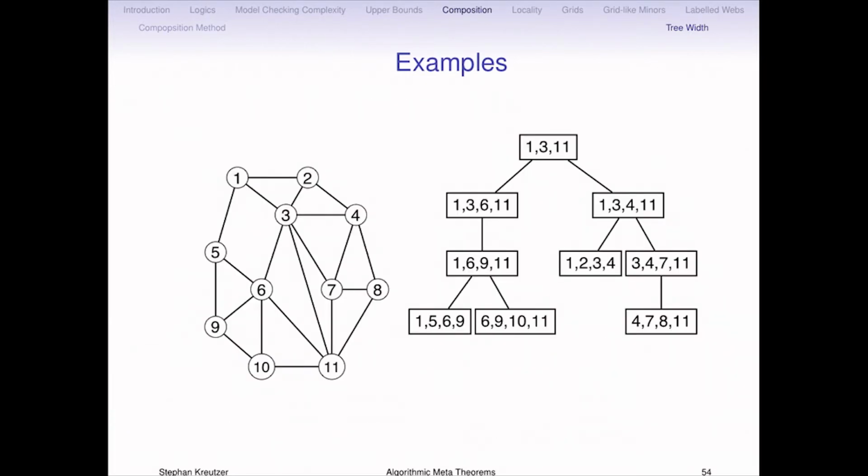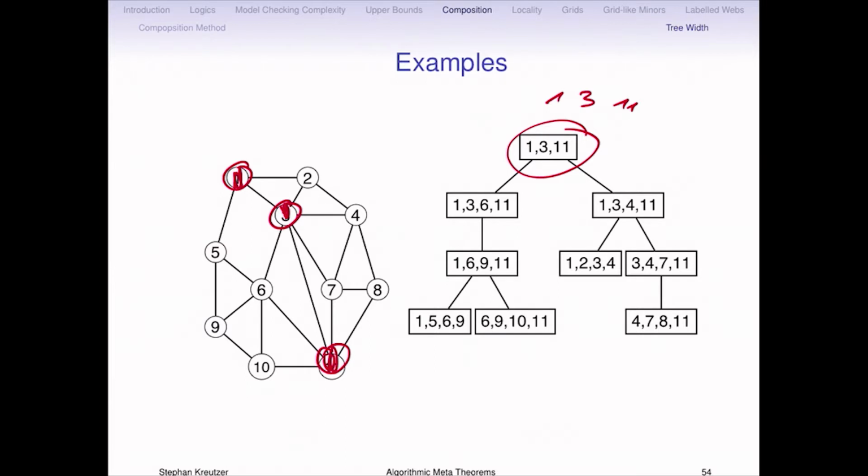So this is a tree decomposition, and the property we have for a tree decomposition, you can prove this if you want. It's not very complicated, but I don't want to do it now. If you look at any tree node, yeah, then this one here contains the vertices 1, 3, and 11. Yeah, so let's color them. And now let's suppose we delete this. So this one goes, and this one goes.